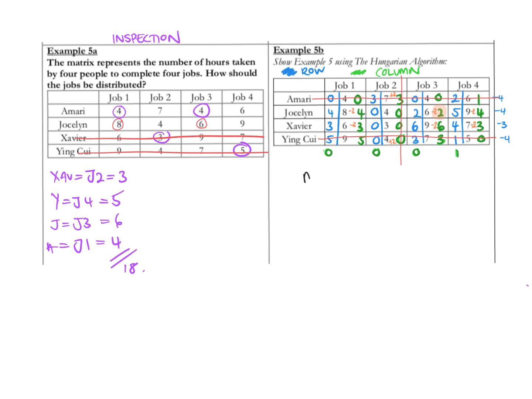So I've got Amari, Jocelyn, Xavier, and whatever. And we've got job 1, job 2, job 3, job 4. And I'm looking at my green numbers and deducting. So 4 has to have 2 minus. So that one became 2. This one became 1. That's still 5. Then this one became 5. This remained 0, 0, and 0.